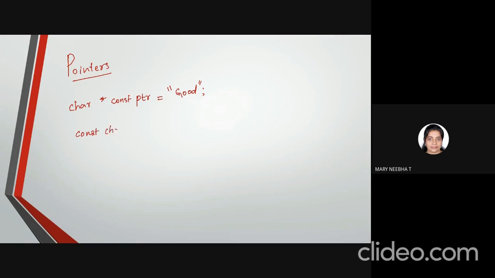Const character const cp. This pointer is used to point to a memory location. As of now, just remember like this: a pointer is used to find out the address of the correct memory location. Later we'll see a lot of programs using pointers as well.